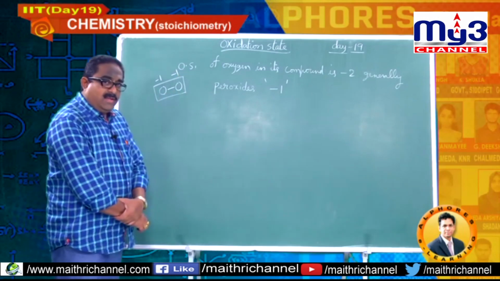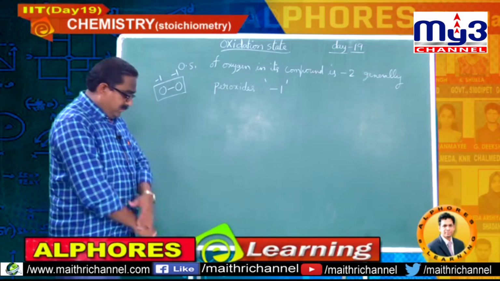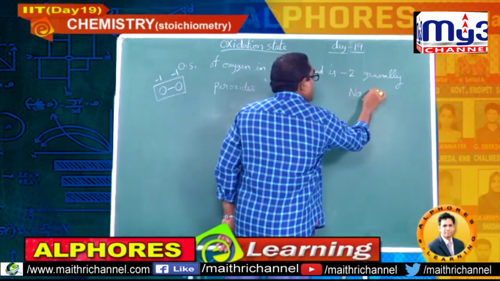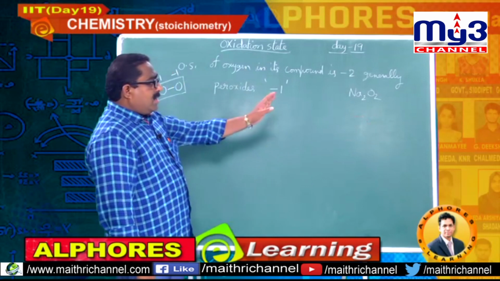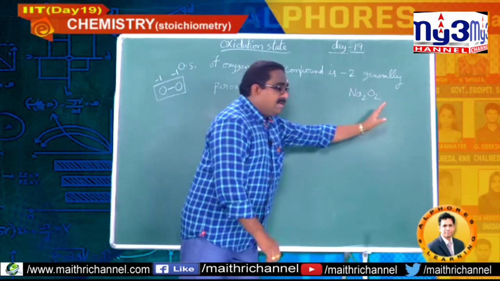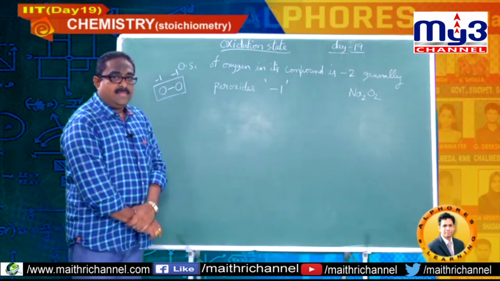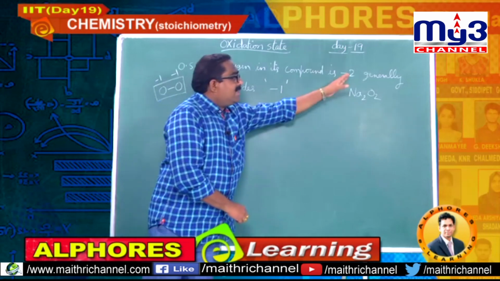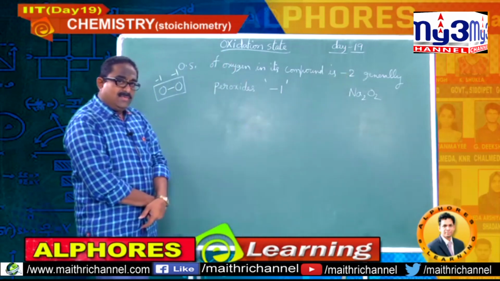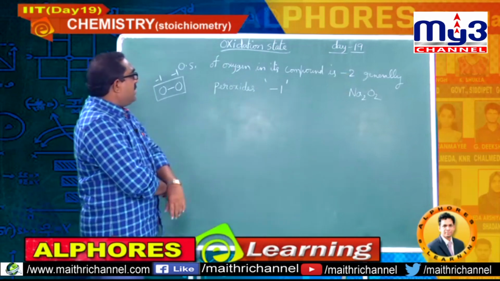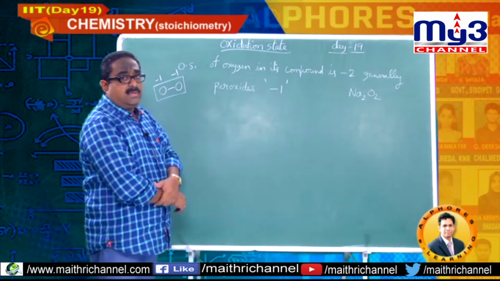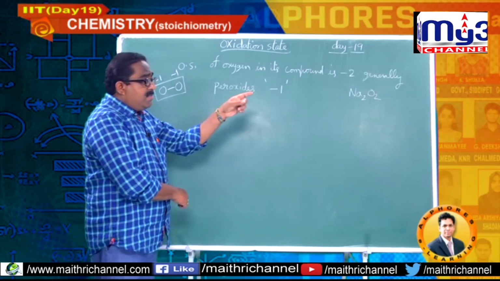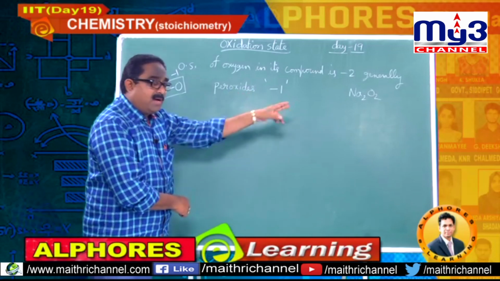Let me explain with an example. Here I am writing the example, Na2O2. This compound contains sodium and oxygen, a binary compound. We don't know whether it is a normal oxide having oxidation state -2 or a peroxide having oxidation state -1, but we can estimate it.